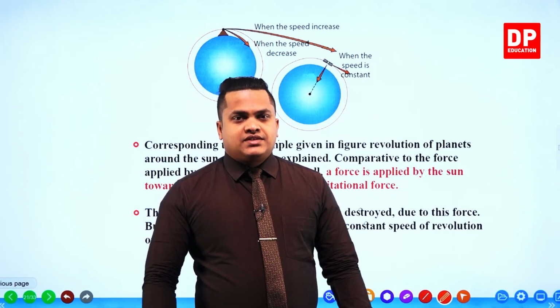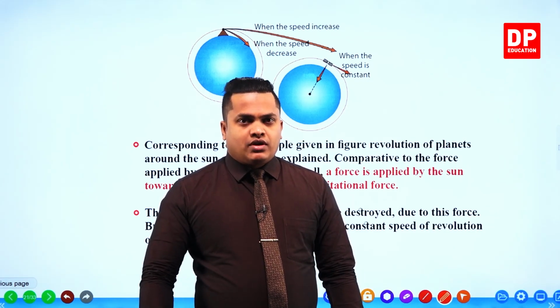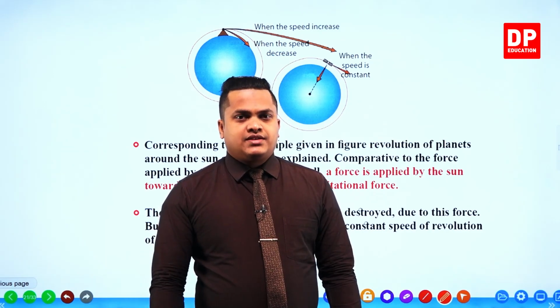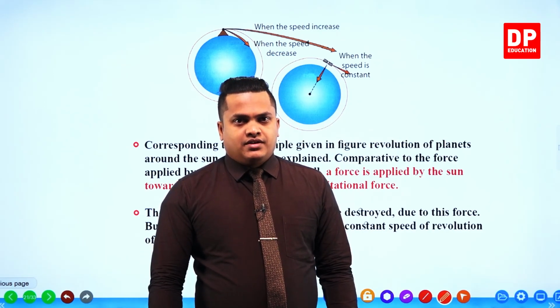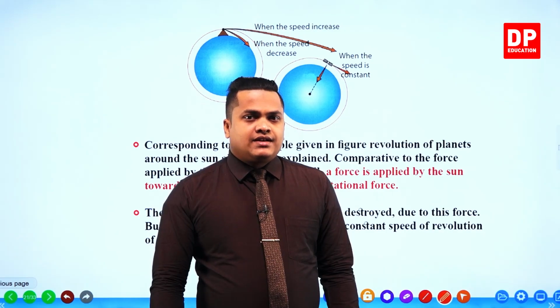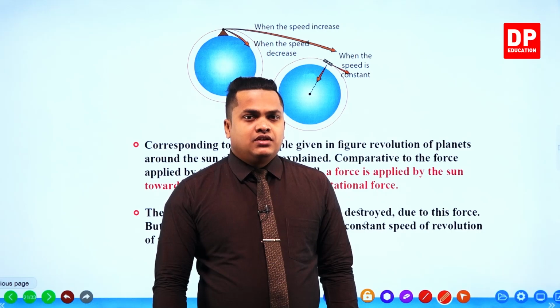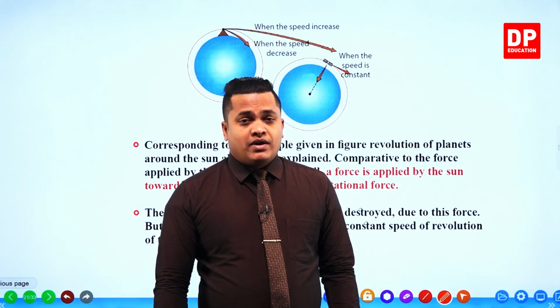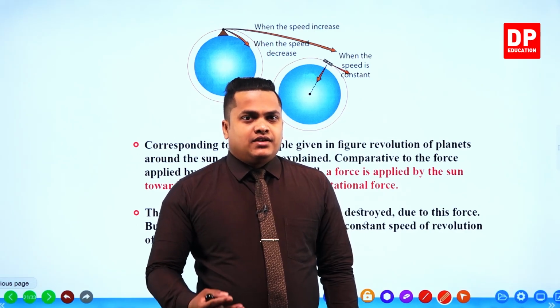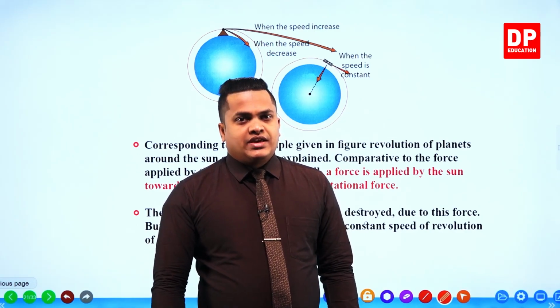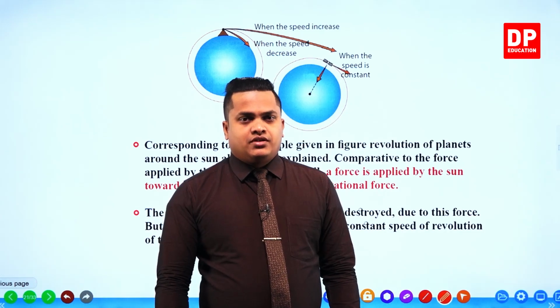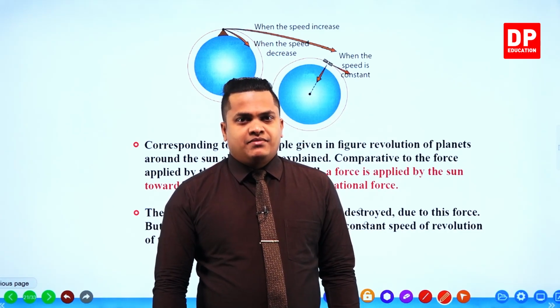The satellites also rotate around our Earth at a constant speed. It's because of the gravitational force given out by our planet Earth.